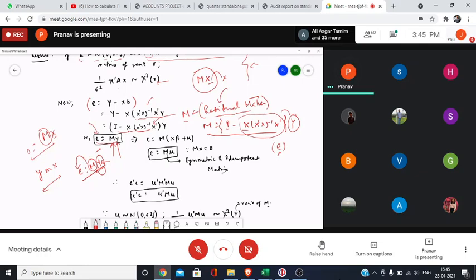Now, if I write this e in the form of M times y, I replace this y by X beta plus u, which is the population regression function. If you expand this, it becomes MX beta plus M times u. I already told you that MX should be equal to 0. So e can also be written as M times u.